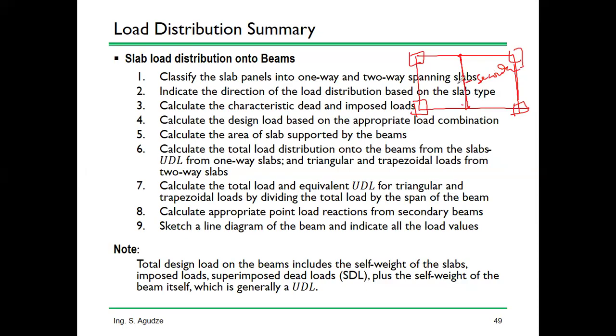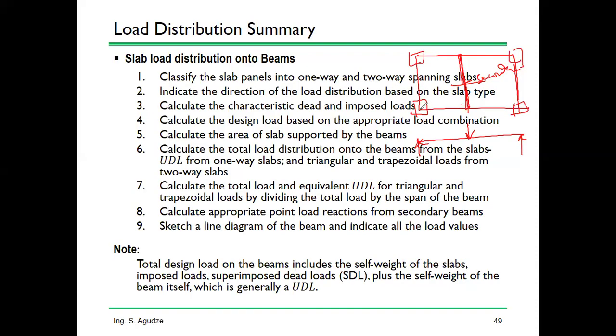Every secondary beam will always become a point load on a primary beam. If I draw a line diagram of this beam, because it is resting on this, if I divide into two, half goes here, half goes here, and it will become a point load. So this is how we get point loads also.